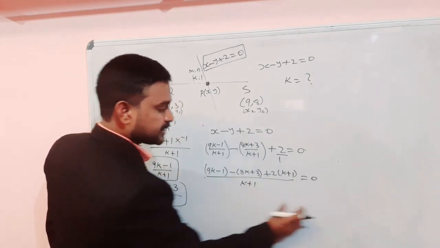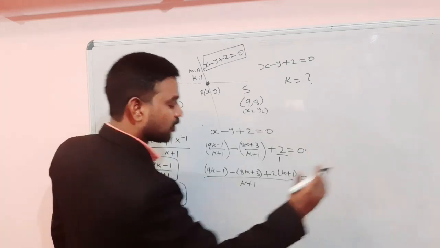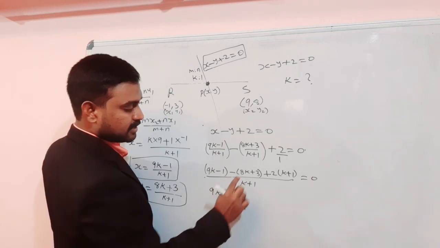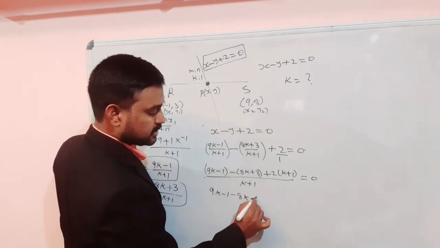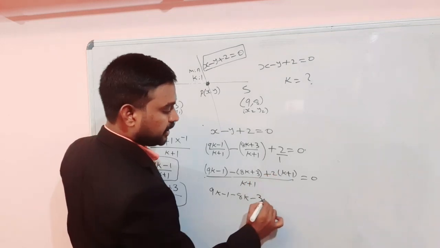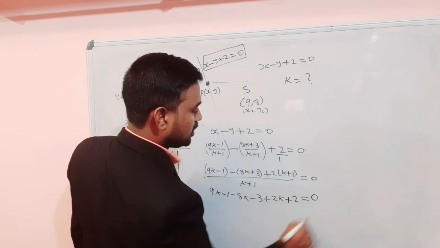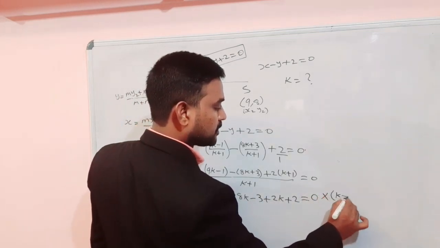This k plus 1 transposed to the right side will be 0 into k plus 1, which is 0. So we get 9k minus 1, this minus gives a bracket, minus 8k, and minus of plus 3 is minus 3, and 2 into k is 2k, and 2 into 1 is 2, which is equal to 0 into k plus 1.